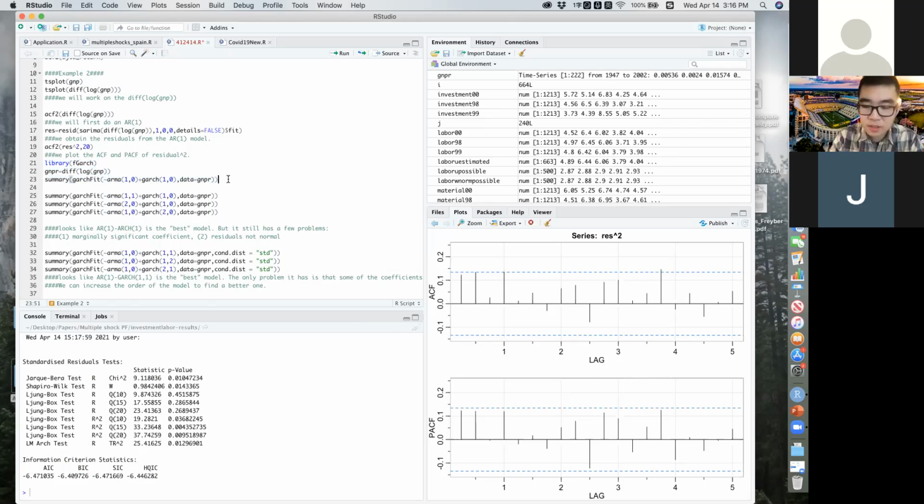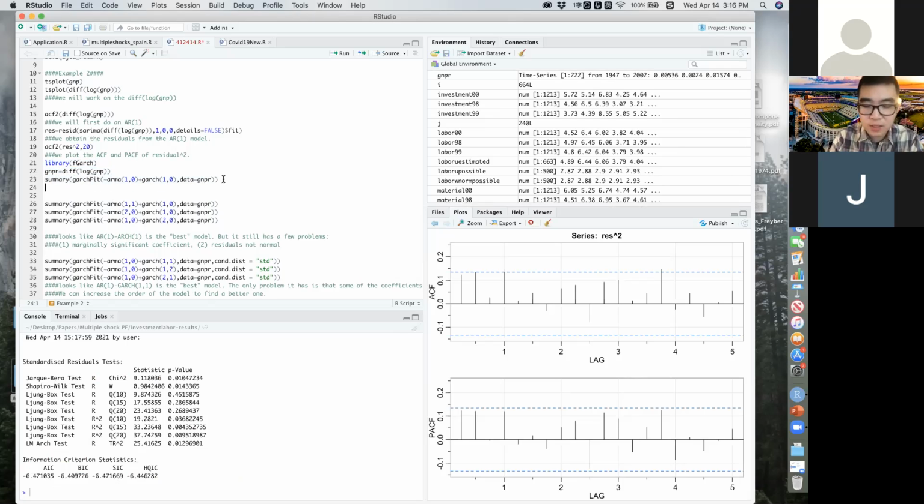Let me go over the output with you, and let me first write down what it does: it fits an ARMA(1,0) plus ARCH1, or let's just call it ARCH1, to it.